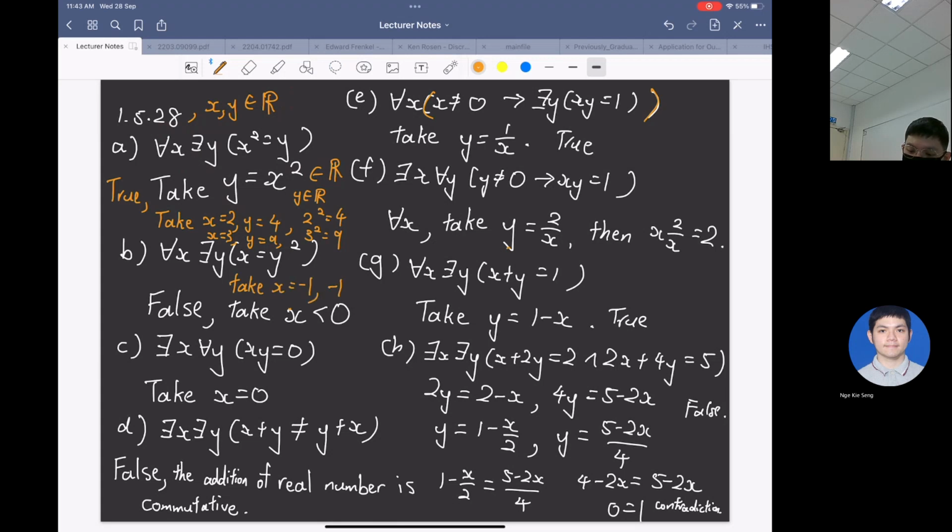What do you get? -1 equals y squared, so y equals the square root of -1, which is not in R. This is actually in the complex world. To show that it is false, you need to find me an x such that for every y, this is false.